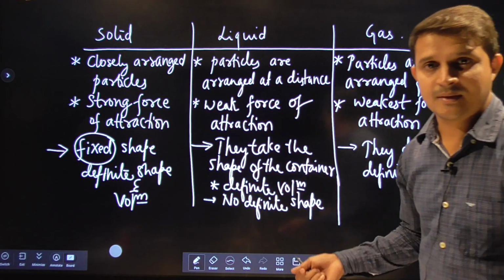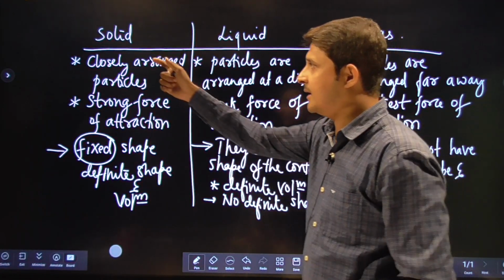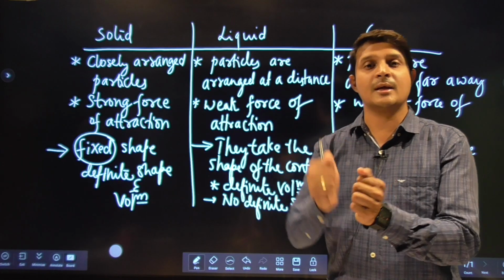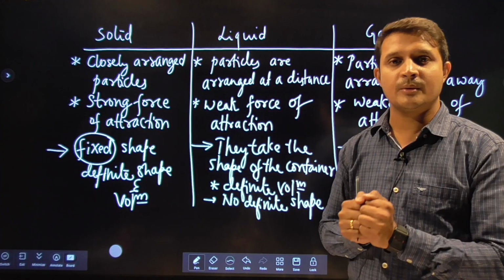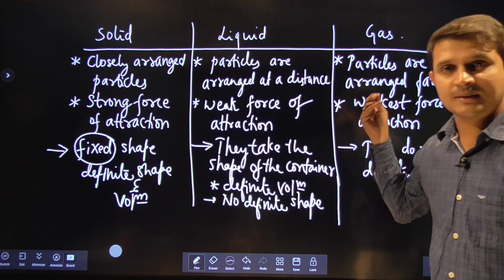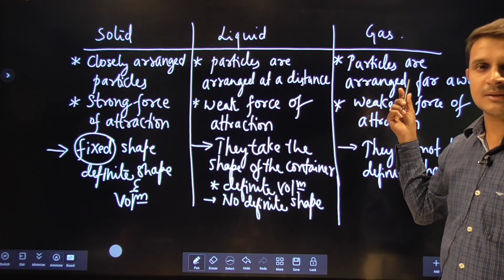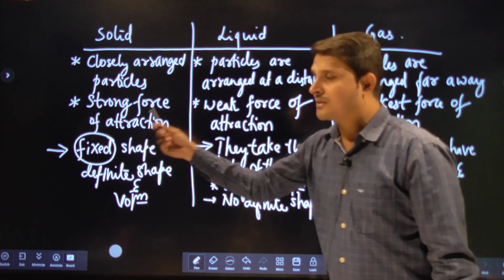In this, the one having strong force of attraction between the particles is solids, and the one having the weakest force of attraction between the particles is the gaseous state. Solid state, liquid state and gaseous state. Okay, here solids are not free to move.